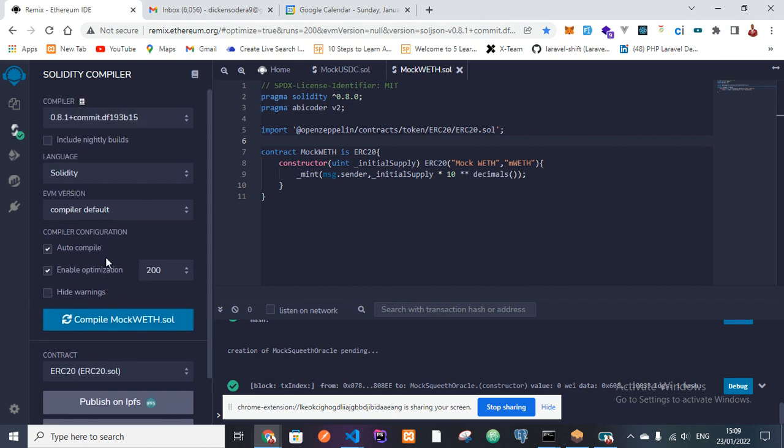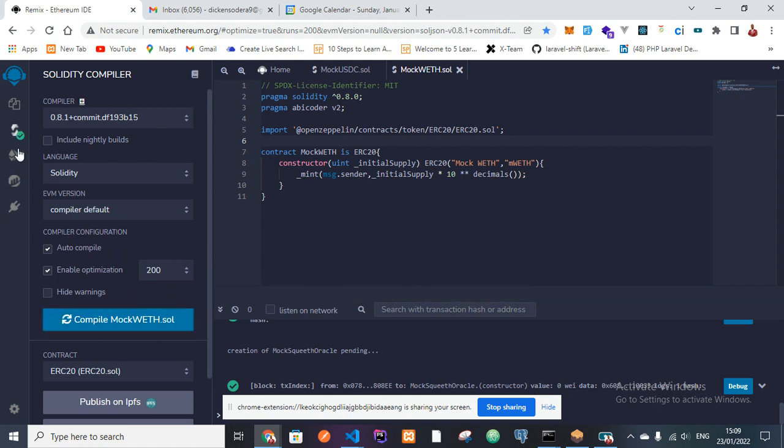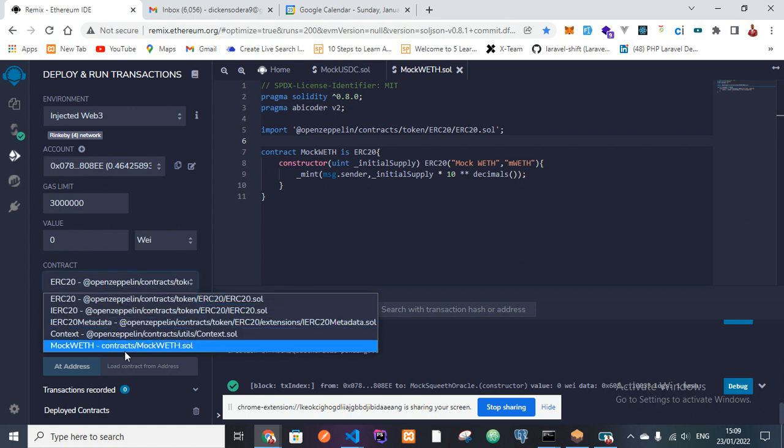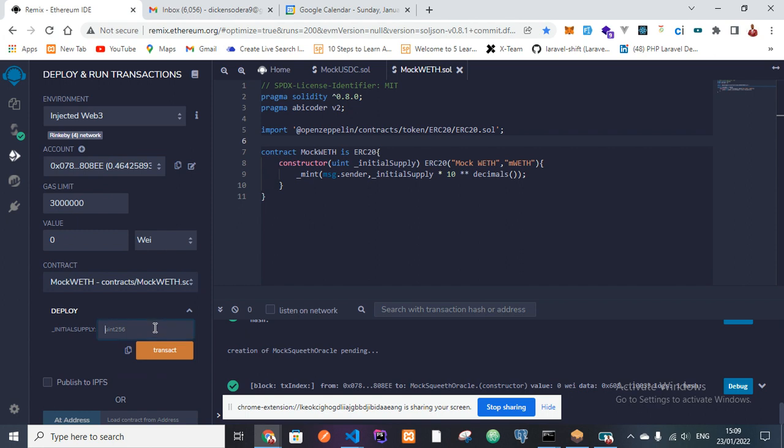So let's select the Solidity version compiler. So let me compile mock web. Specifying the initial supply at 10,000 at the moment.